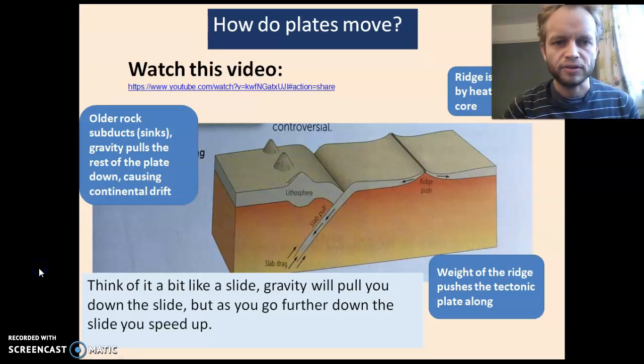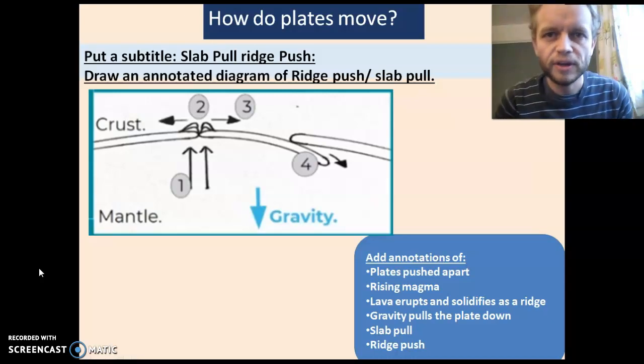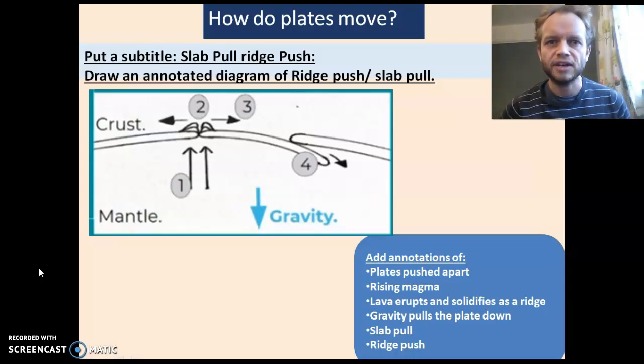So what I want you guys to do now is do a bit of annotation. As always in geography, an annotated sketch diagram doesn't have to be perfect, but you need to get the main ideas down. So what I'd like you to do is draw this diagram down, and I want you to add the labels that are at the bottom. So where are our plates being pushed apart?